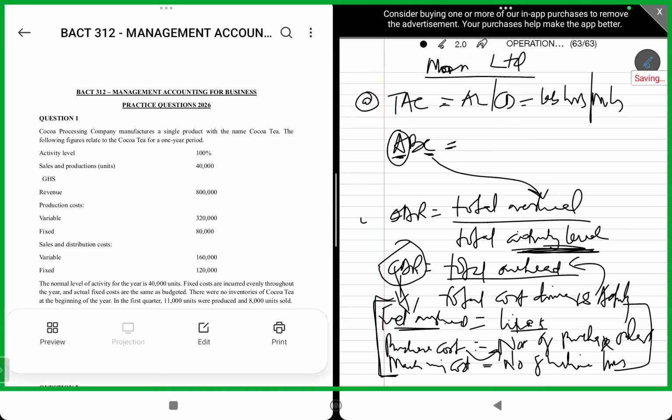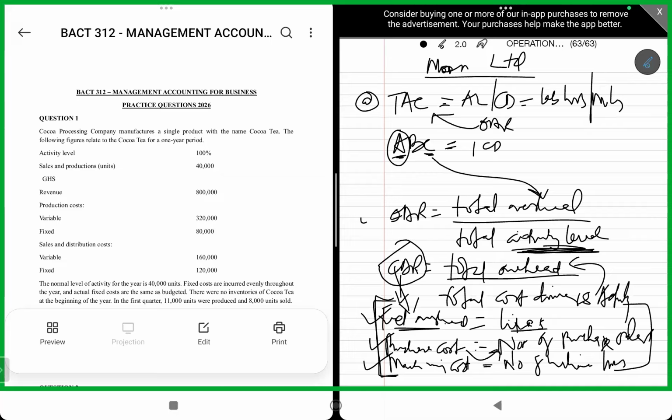Are we okay? So we can find what is called the cost driver rate for fuel, the cost driver rate for purchase cost, and the cost driver rate for machine running cost. So even if you are using only these three activity levels, I will have only one OAR for traditional absorption costing.